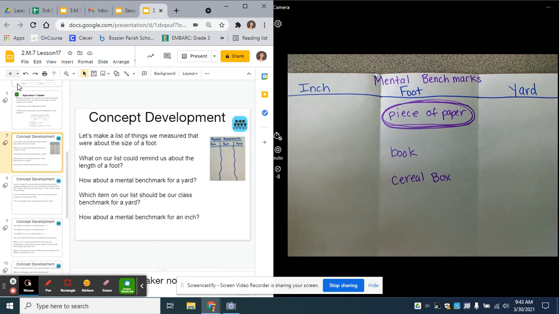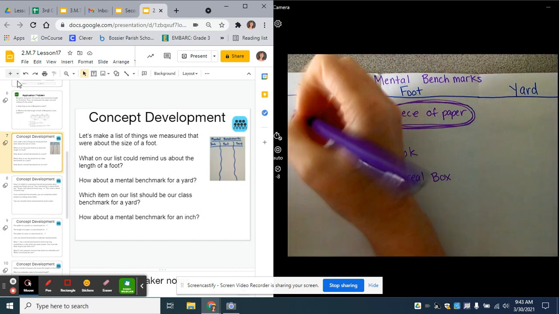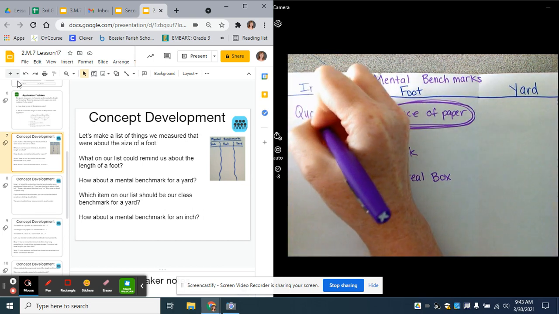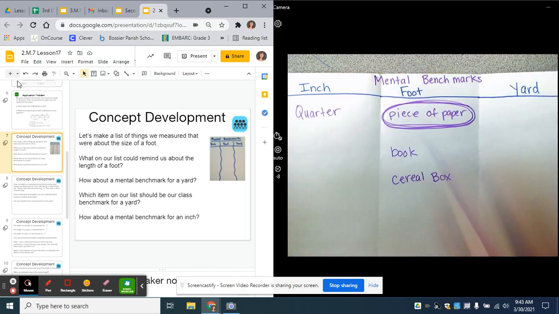What about our inches? Take a minute and think about what are some things that are about the size of an inch. I thought of a quarter. A quarter is about an inch long.